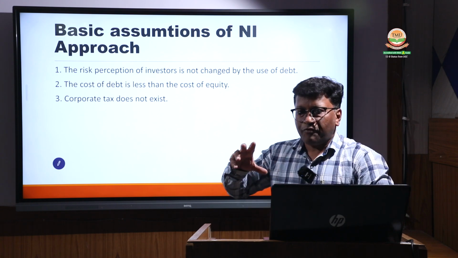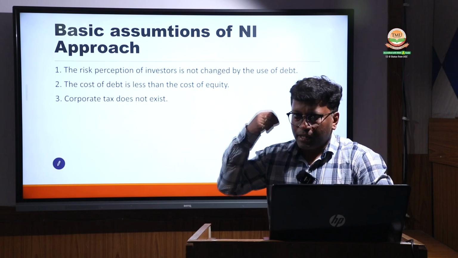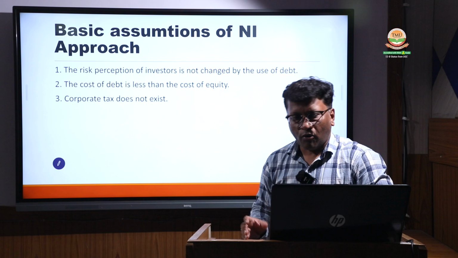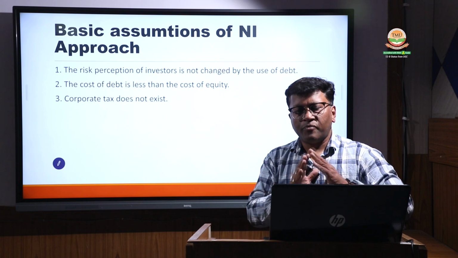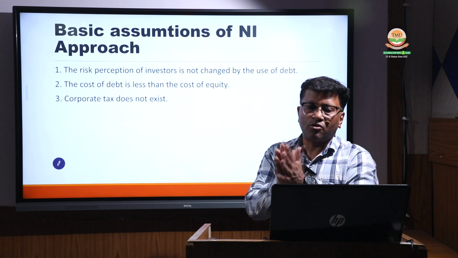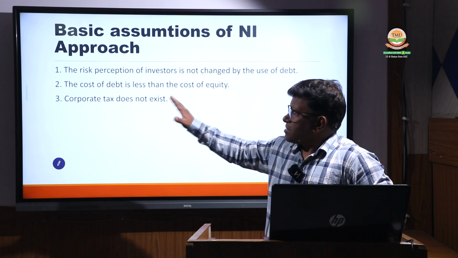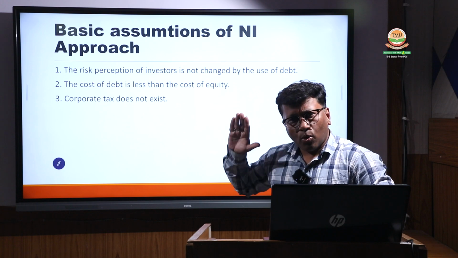Even if the company is increasing the number of debentures, there would be no impact. The risk perception of the investor is not changed. It means there is no more risk.